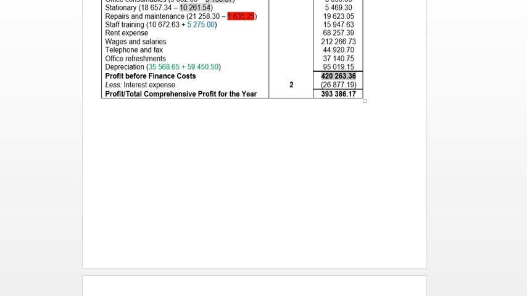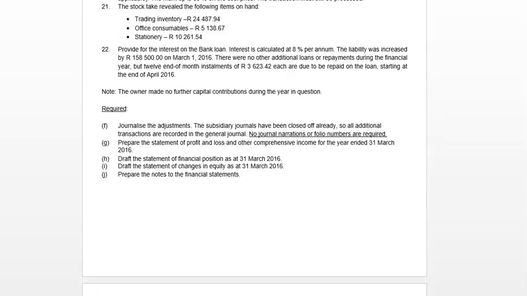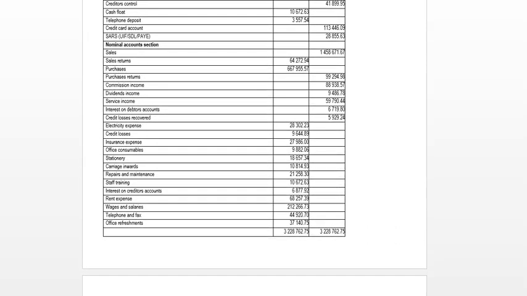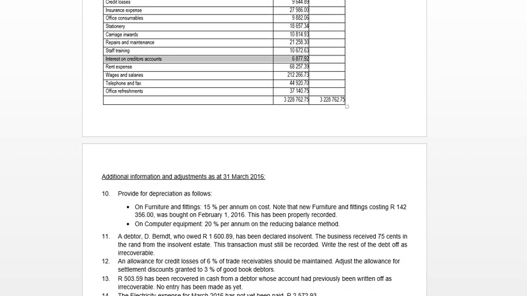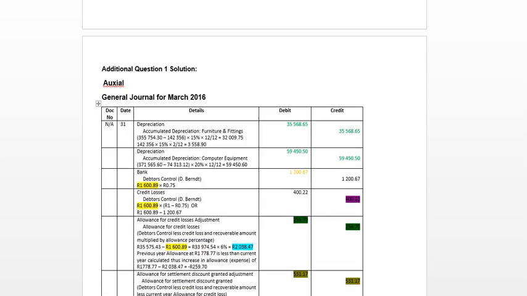So if we look at our interest expense, note number 2, what were our interest expenses for the year according to our trial balance? Well, it's going to be our interest on creditors account of 6,877 and 92 cents. And it will then be this interest that we still needed to provide for.